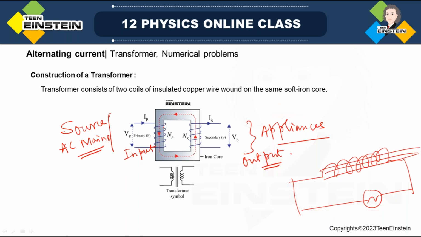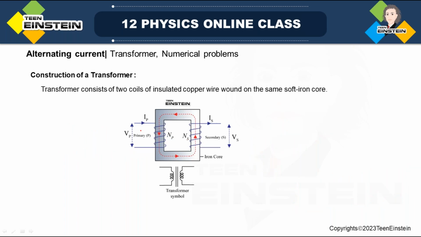Whatever changes there are in the linked flux in the primary coil, there will be change in the flux in the secondary coil also. Because of this change in the flux, there will be an induced EMF in the secondary coil. That means the secondary coil will now produce electricity, or pass current, driving current to the circuit.